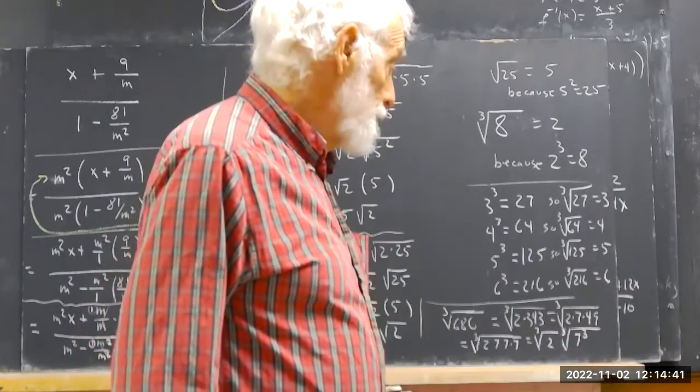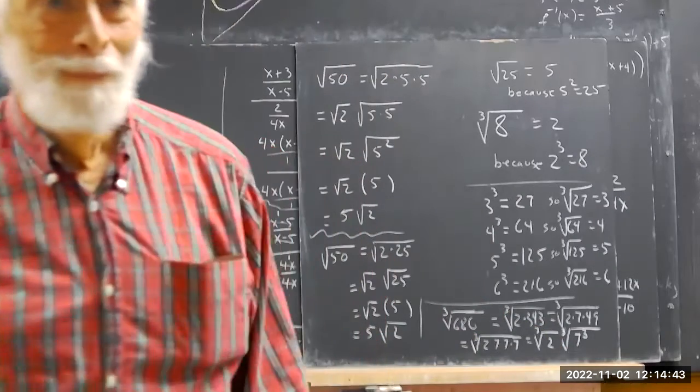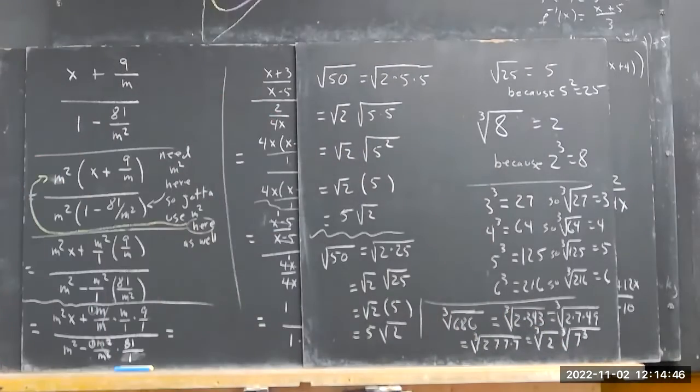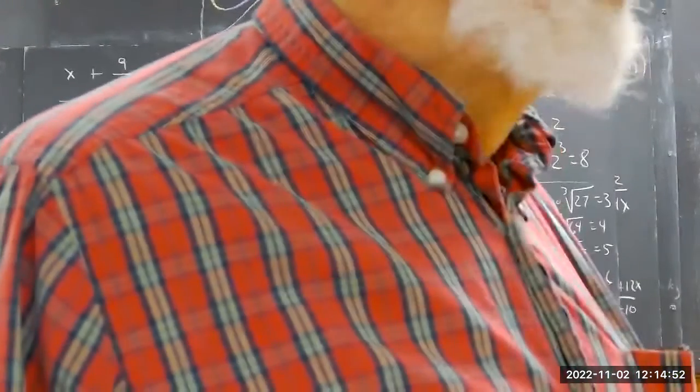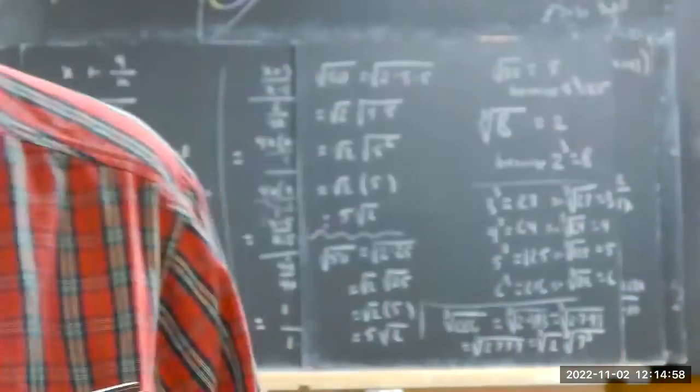What's the cube root of 7 cubed? Well, the cube root is a number you multiply by itself 3 times. What do you multiply by itself 3 times to get 7 cubed? 7, right? Okay.